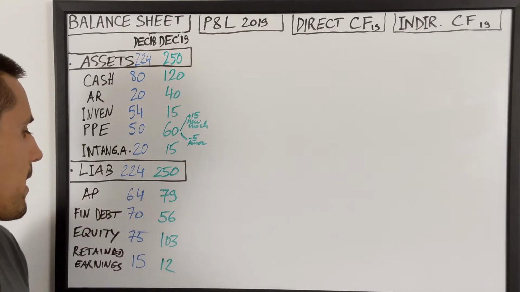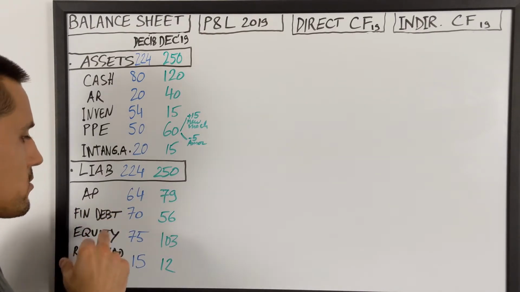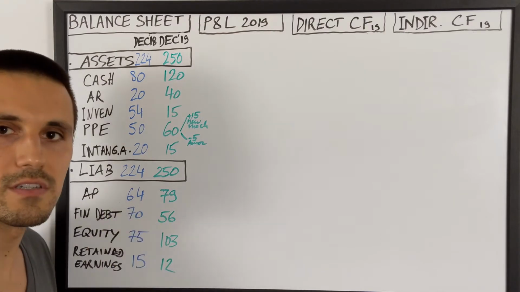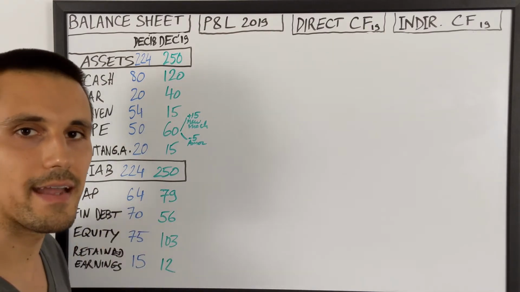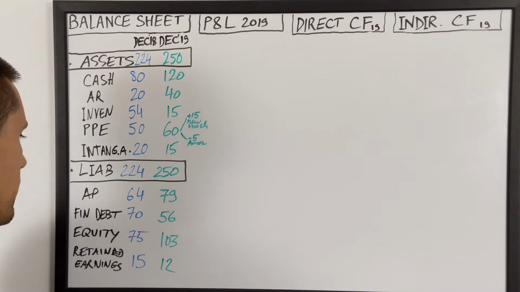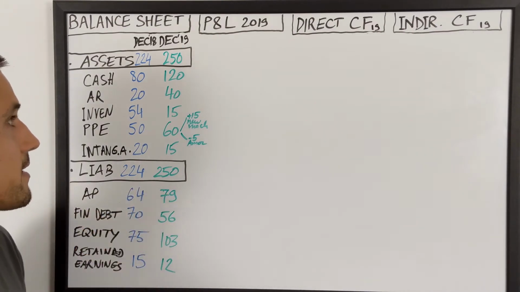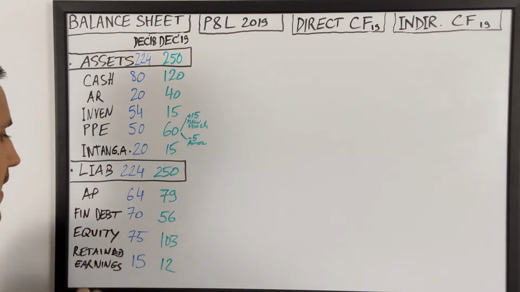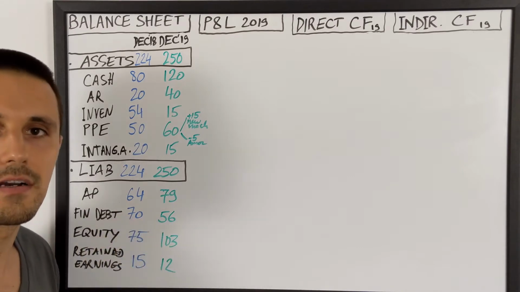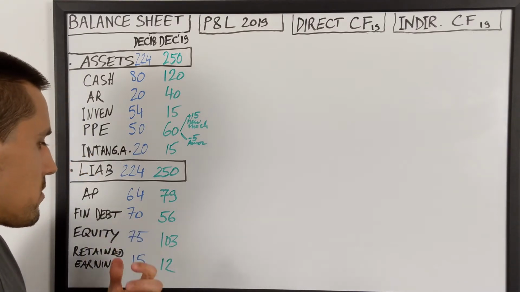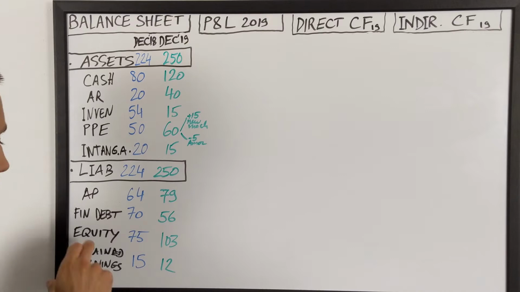Then when we look at the liability side, accounts payables going up, which means that we had more debt to our suppliers at the end of 19 than we had at end of 18. Financial debt going down because we paid back some financial loans here in this case.